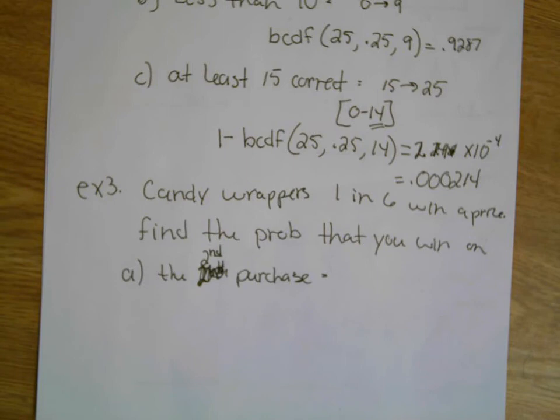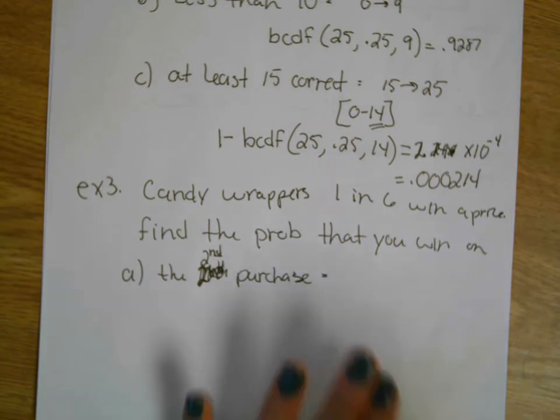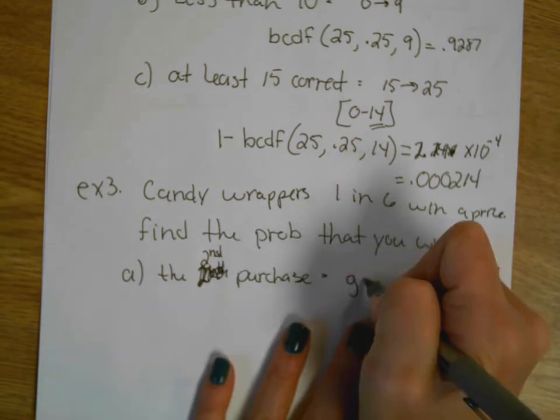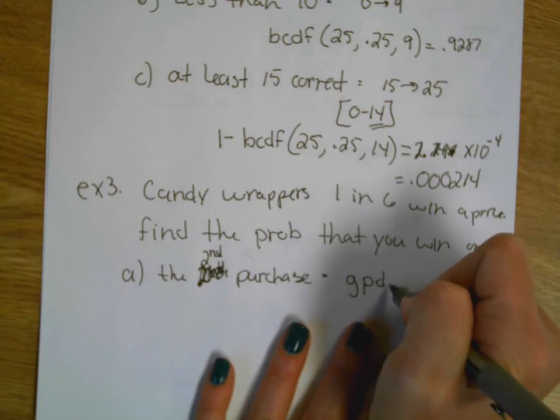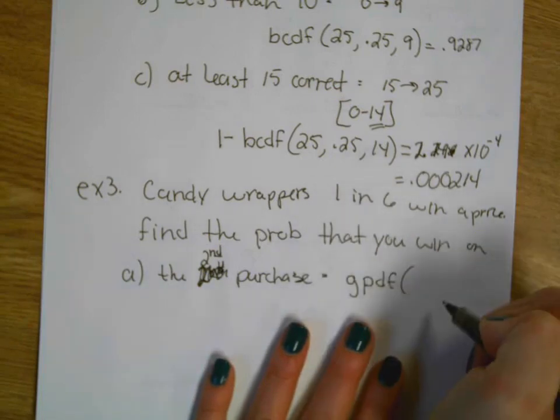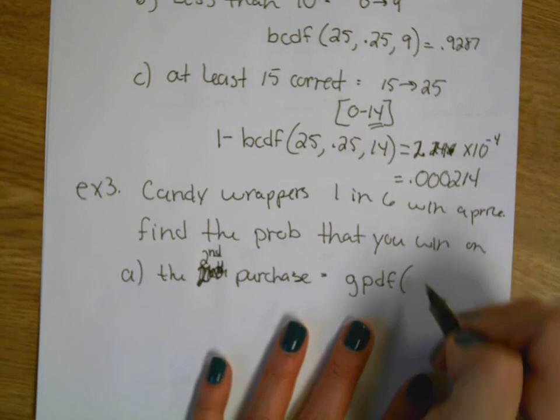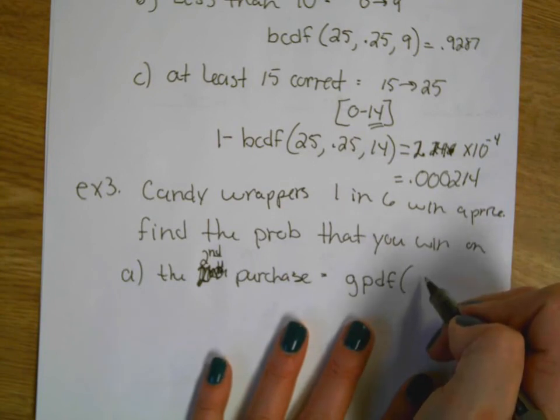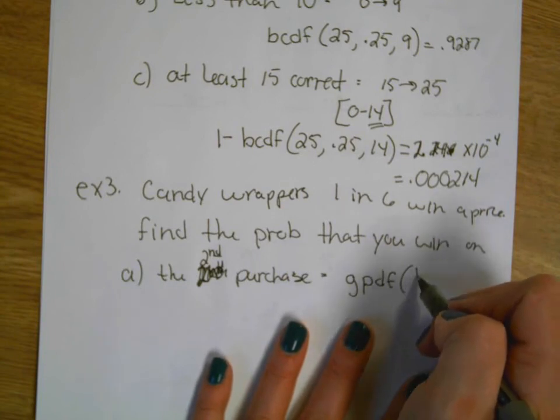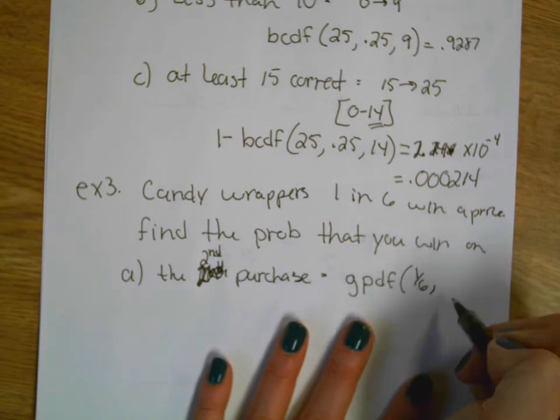Do we want PDF or CDF on this one? PDF, because I only want that second purchase only. So geometPDF, and that needs to be fed two values. What's the probability of success? 1 in 6, so 1/6.